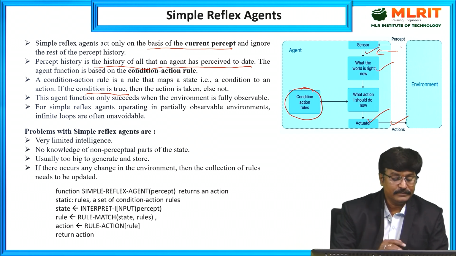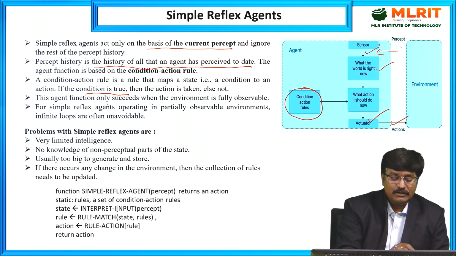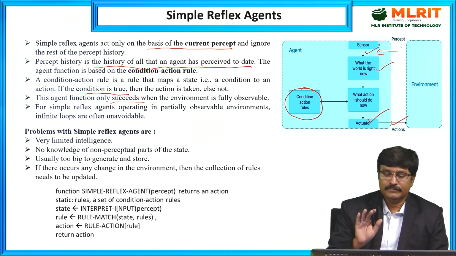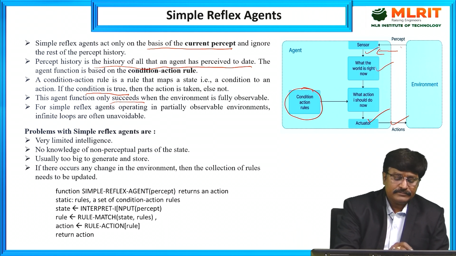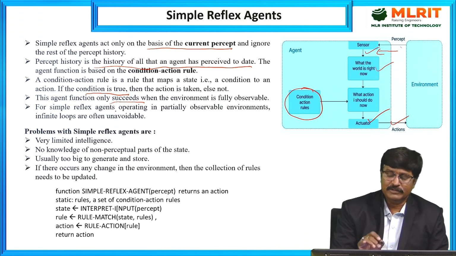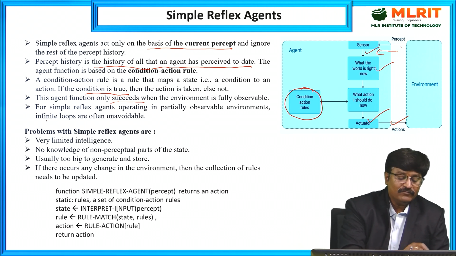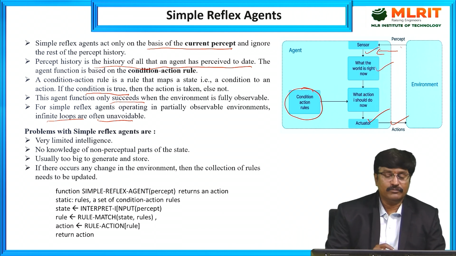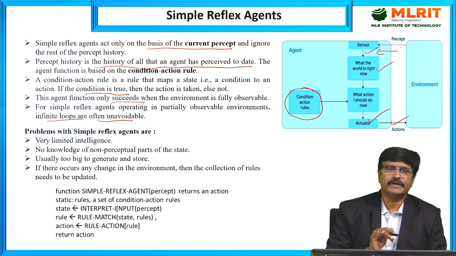This agent function only succeeds when the environment is fully observable. It does not fully support partially observable environments, and unavoidable things like infinite loops must be avoided in these simple systems.